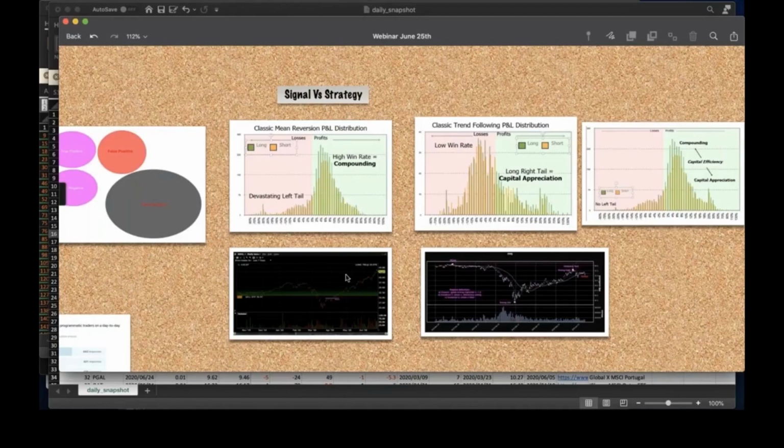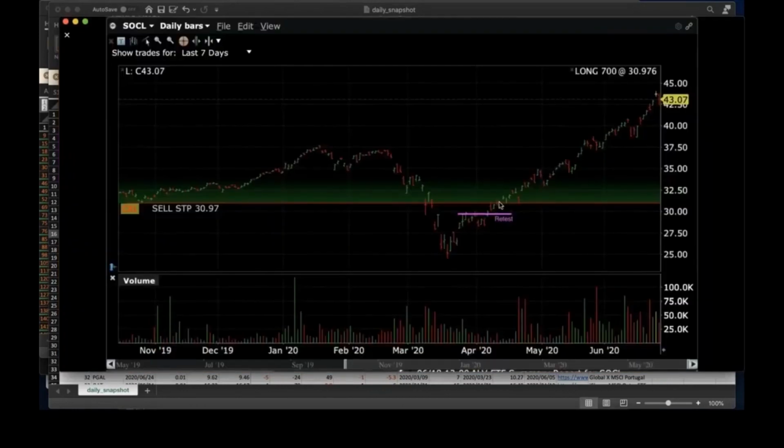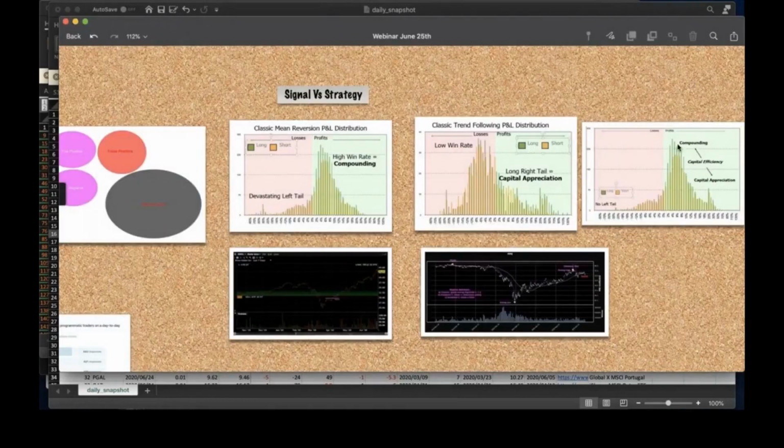And then the remainder that was bought around here goes on forever. It was 3,500 shares. Now it's only 700, one fifth of the position, but that thing keeps on running. Does it make sense? So ideally, you want to have a P&L distribution that looks like that.